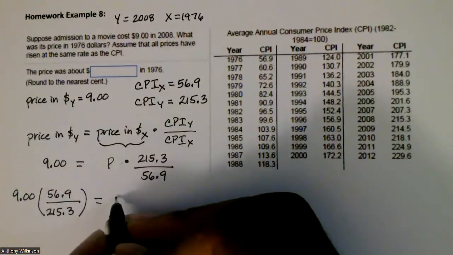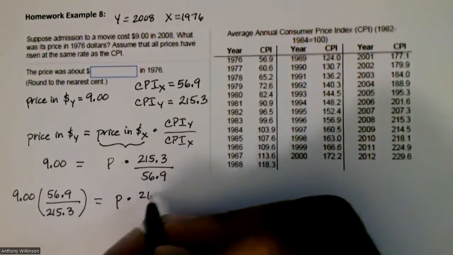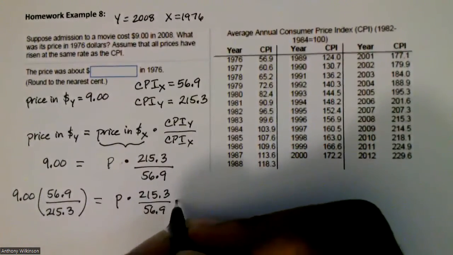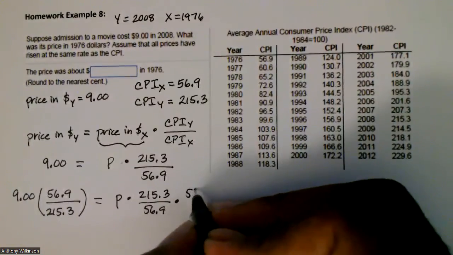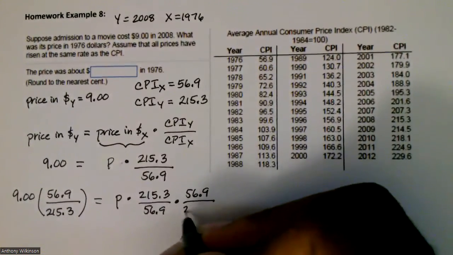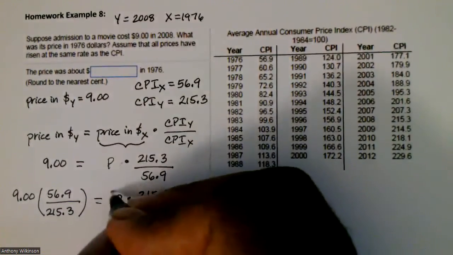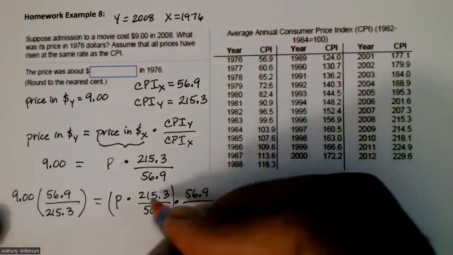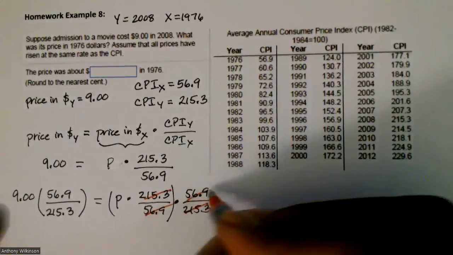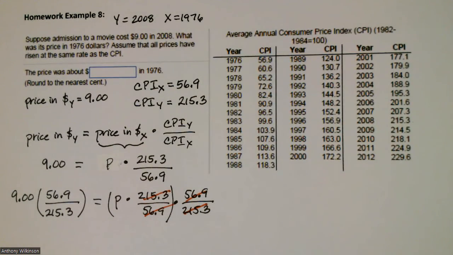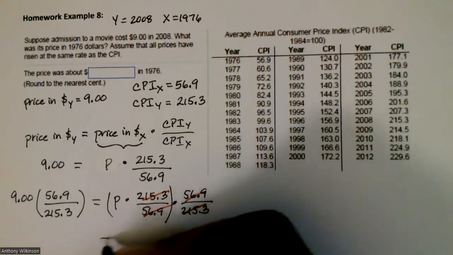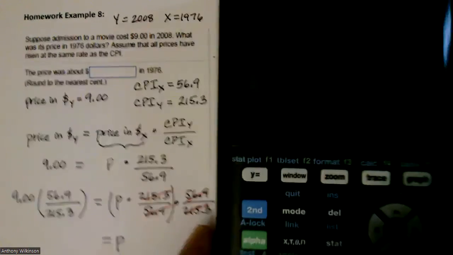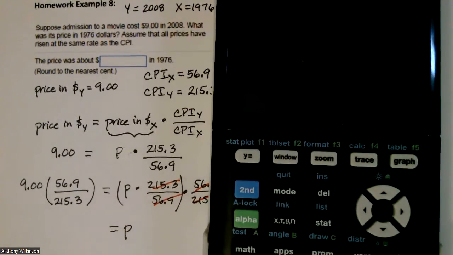That's equal to P times 215.3 over 56.9, multiplied by its reciprocal, 56.9 over 215.3, in parentheses. You're going to see what happens: the numerators and denominators divide out, leaving me with P, the price in dollars for X for 1976.